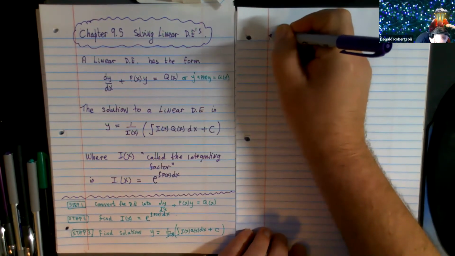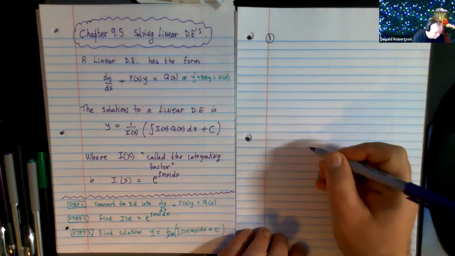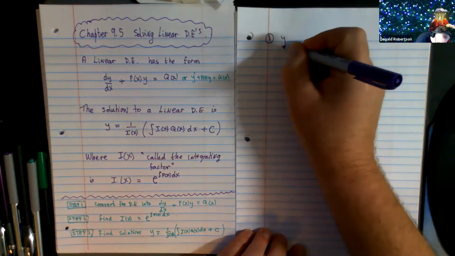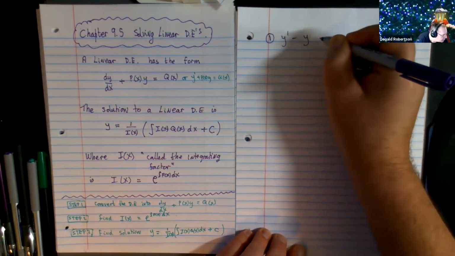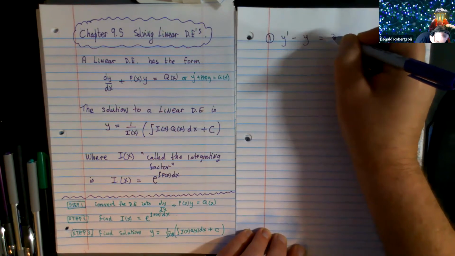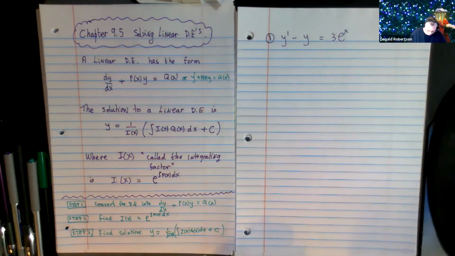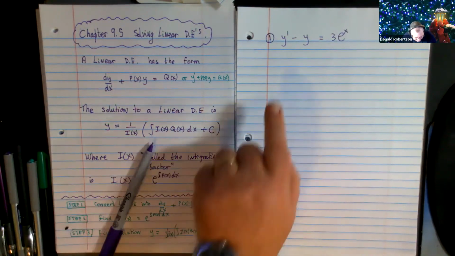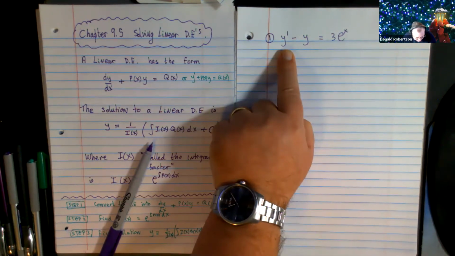So let's jump straight in and show you what that looks like. This is question 1. And we have y dashed, take away y, equals 3e to the x. Do I have a derivative on its own? Yes, I do.